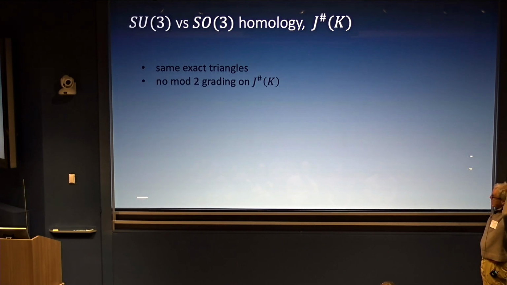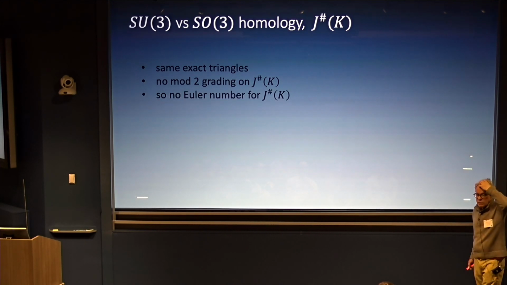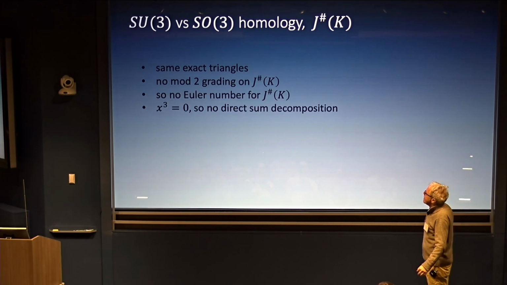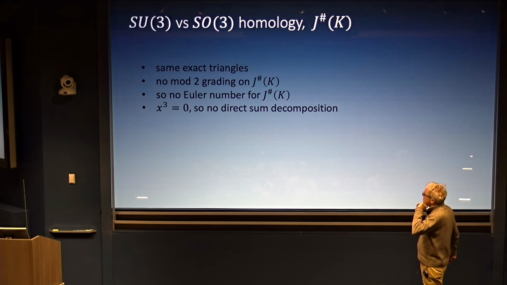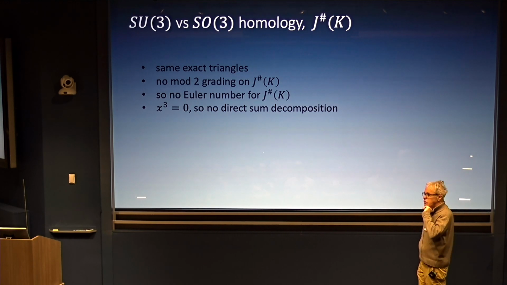J sharp does not have a mod 2 grading. It's not graded by Z mod 2Z, it's graded by Z mod 1Z. And there's no Euler number, therefore, for J sharp of K. So those results have no counterpart. The important difference really is that x cubed is 0 is the cubic relation that is satisfied for the unknot with J sharp.